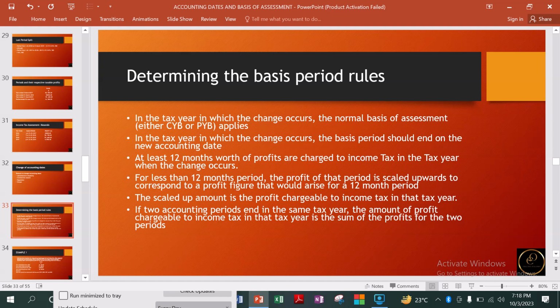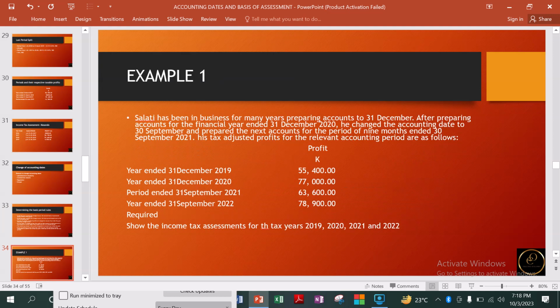Okay, so I'm going to demonstrate how these particular rules apply using an example. Let's look at Example 1. So here we have Salati.